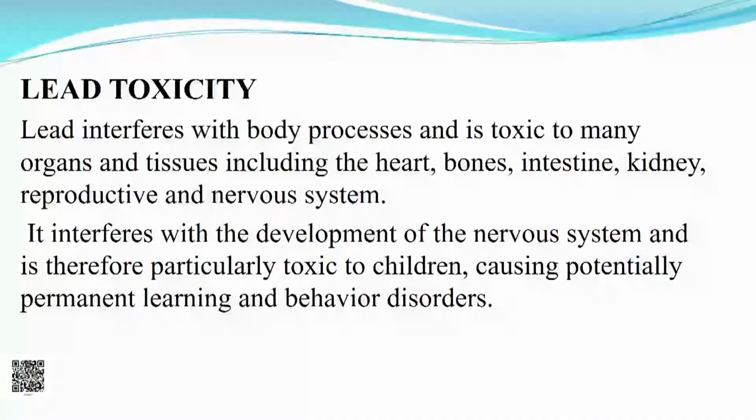Lead interferes with body processes and is toxic to many organs and tissues, including the heart, bone, intestine, kidney, and reproductive and nervous systems. It interferes with the development of the nervous system and is therefore particularly toxic to children, potentially causing permanent learning and behavior disorders.